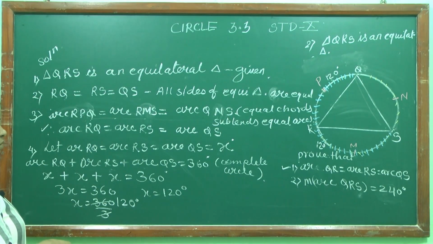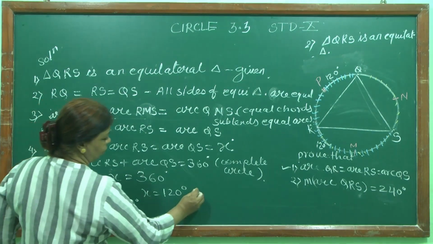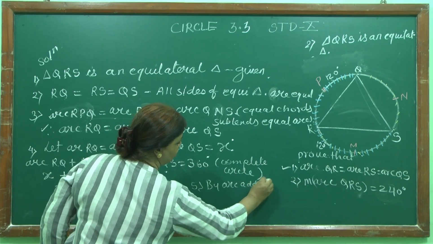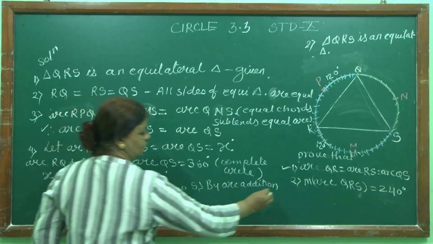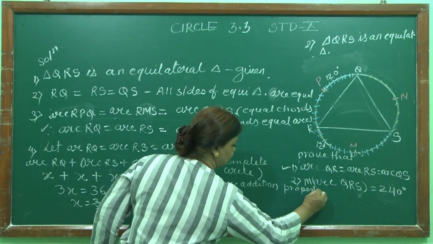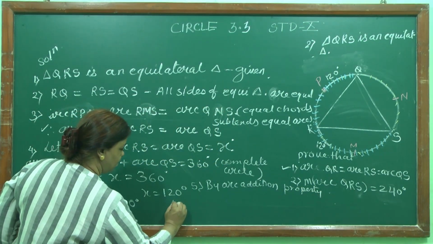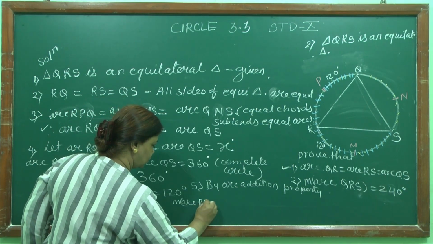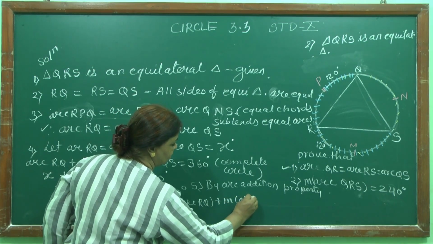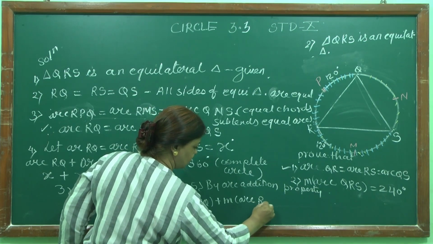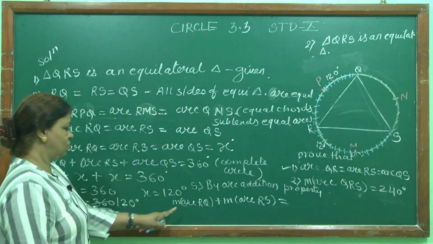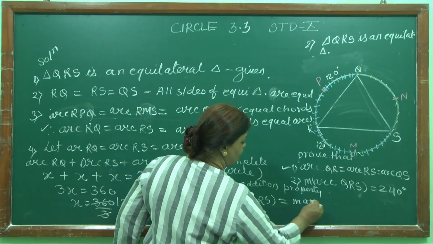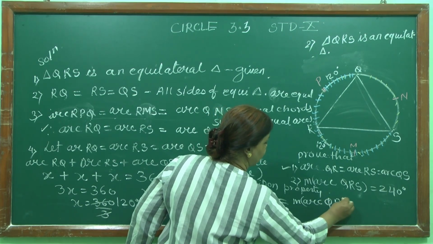If this is 120 and this is 120, we can use the arc addition property here. So by the arc addition property, fifth point, we can get arc RQ plus arc RS, which is equal to how much now? Which is equal to major arc QRS.